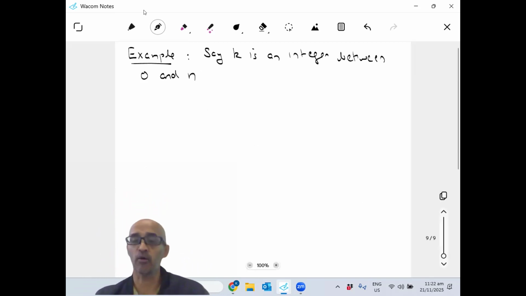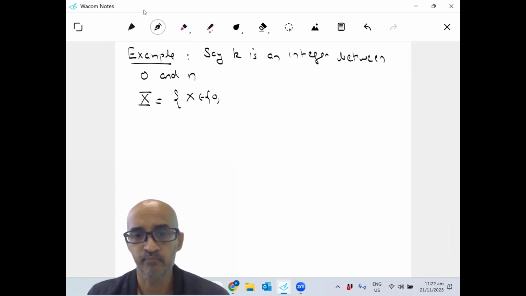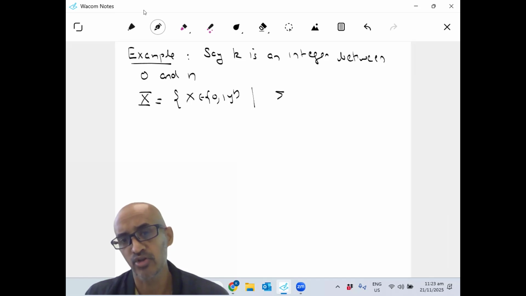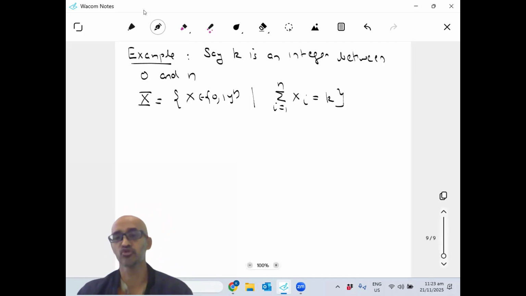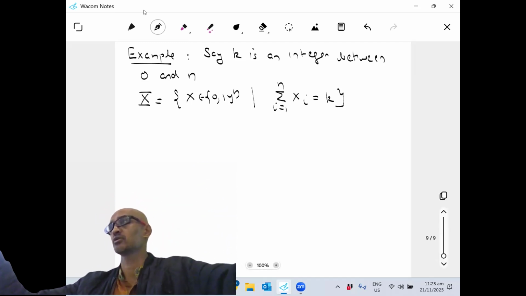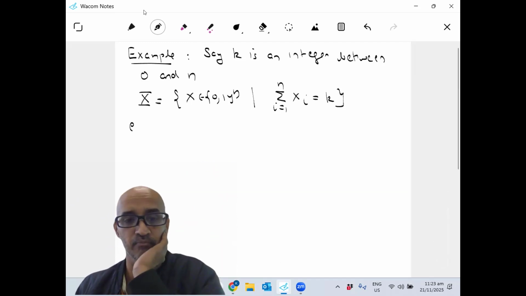I want to describe the following set: capital X in {0,1}^n, where the summation of x has to be equal to k. So this is a 0-1 set. I'm taking all binary vectors where the variables add up to k.